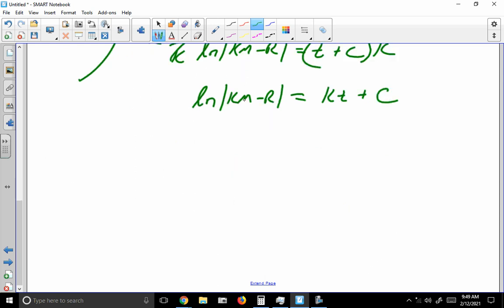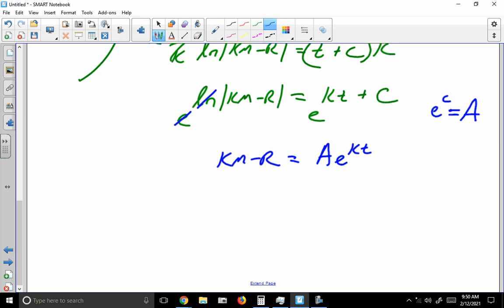And then to solve for m, we need to do e to both sides. So those cancel. So km minus r equals e to the kt times e to the c. In place of e to the c, I'm just going to put a capital A there. Or I guess we can use a capital C. We don't have a C anywhere else.